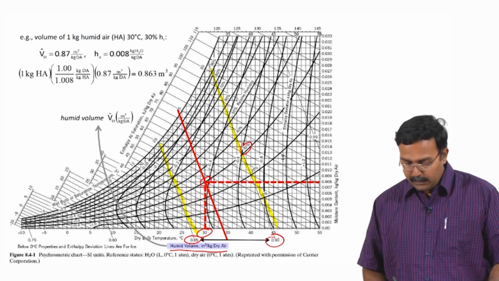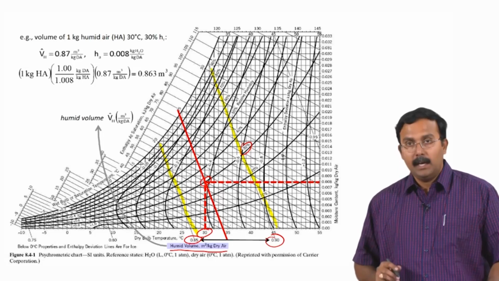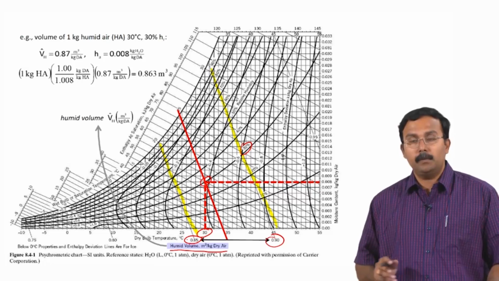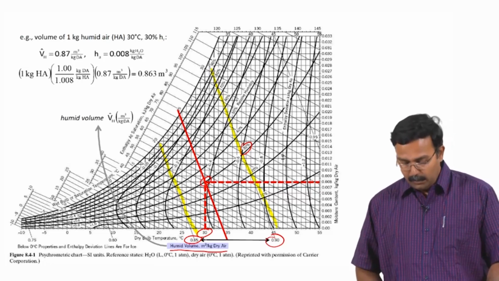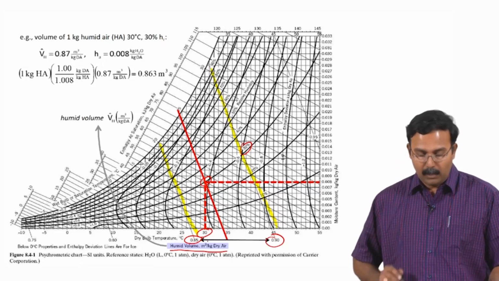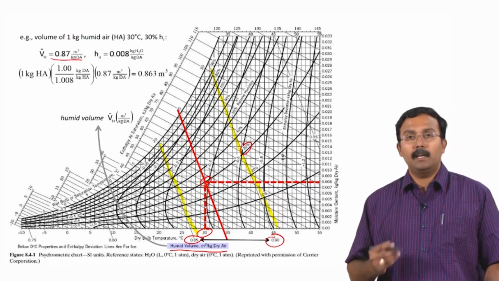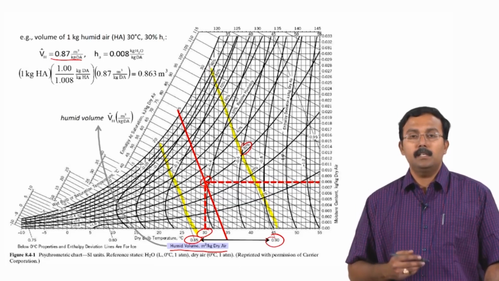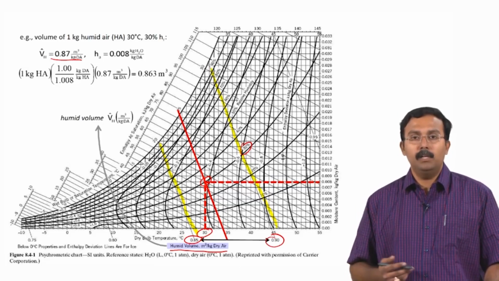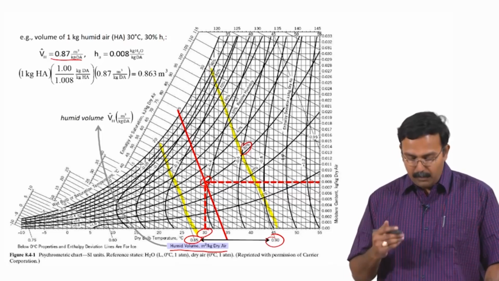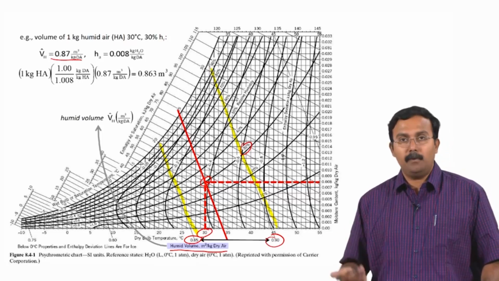Using that we can identify what the humid volume would be. What you would do is measure the distance between these 2 points and use interpolation to identify the value. Having done that, I have gotten 0.87 meter cube per kilogram of dry air. This is the specific volume, the humid volume for the conditions given, in terms of volume occupied per kilogram of dry air.